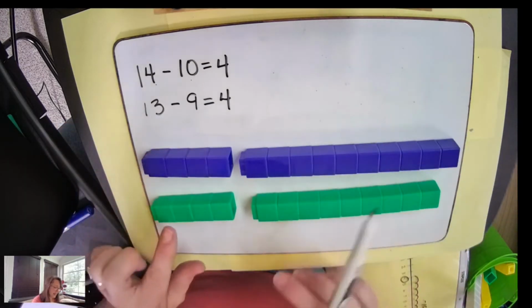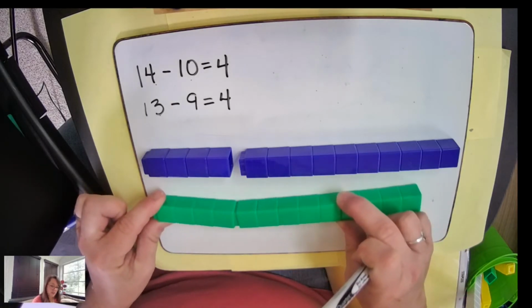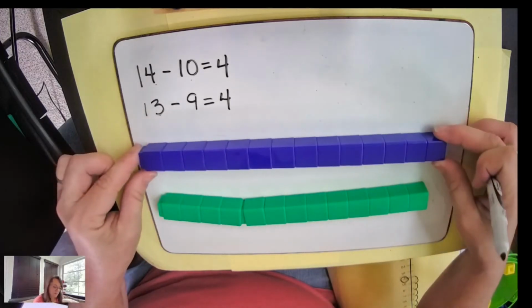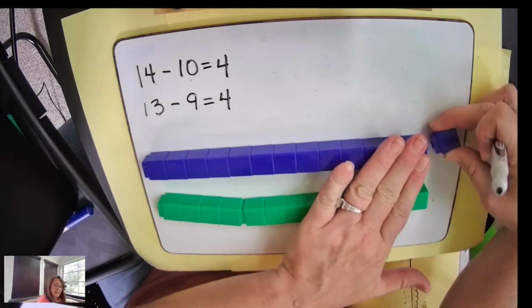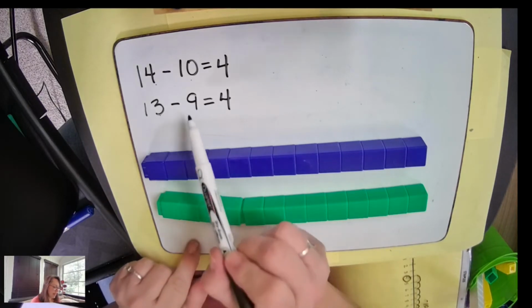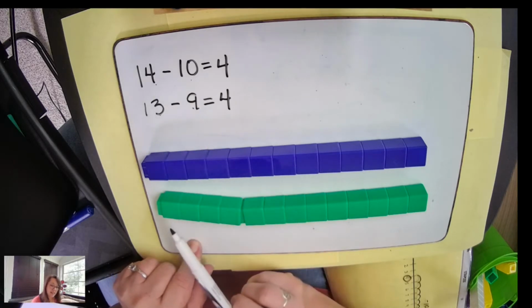And in this second problem, we started out with 1 less than 14, and we subtracted 1 less than 10.